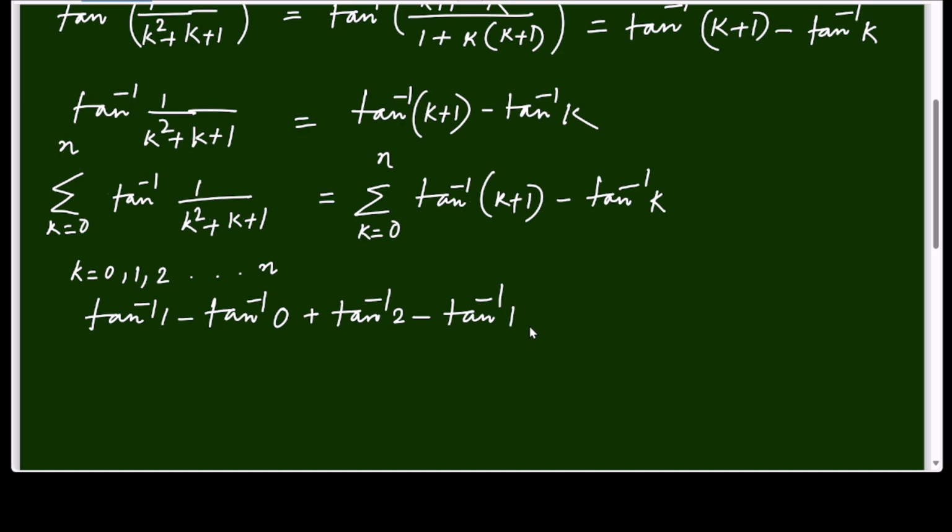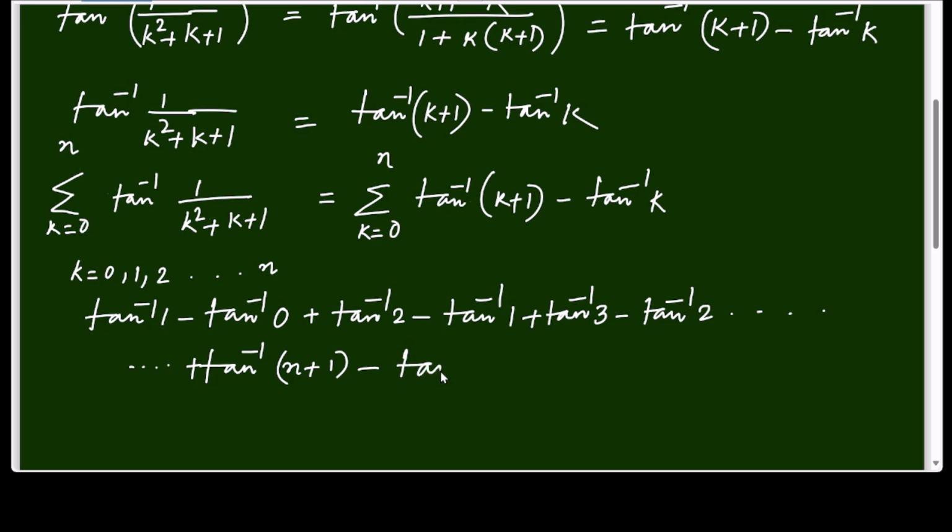Then tan inverse 3 minus tan inverse 2, and so on, up to the last term, which will be tan inverse (n plus 1) minus tan inverse n.